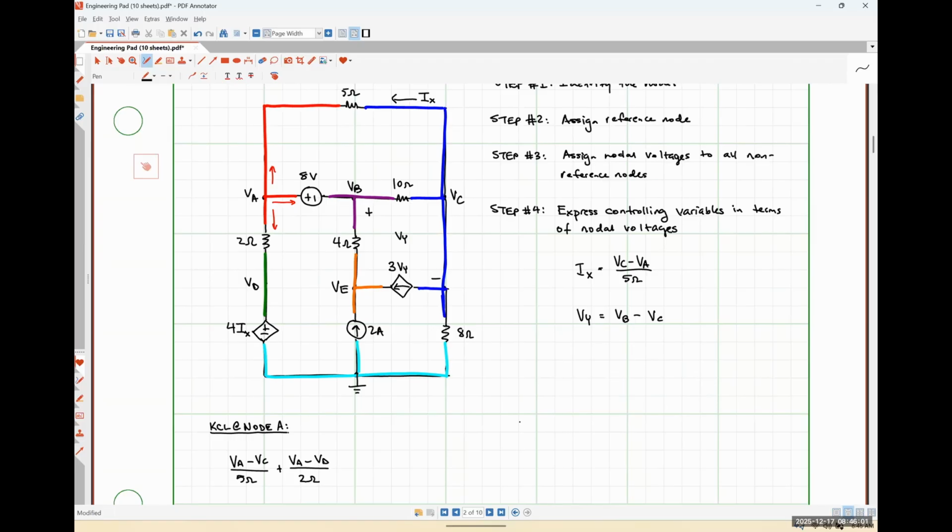I've got a crisp $100 bill for anybody that can tell me how to define the current flowing through the 8-volt source in terms of our nodal voltages. I'm very confident that I'm going to keep my money because it's literally impossible. Yeah, it's literally impossible. Sorry, nobody's getting paid by me today.